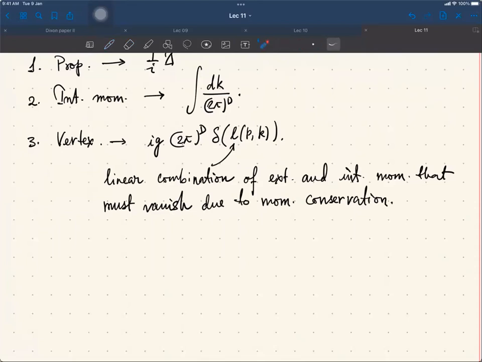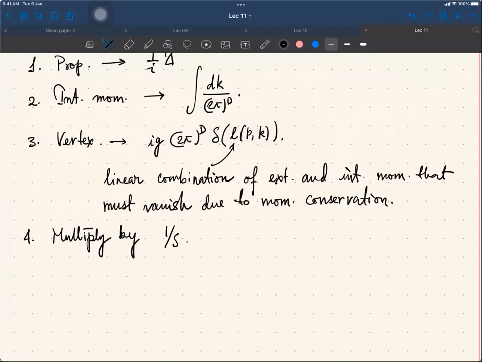So L is that linear function, and P denotes the set of all external momenta, K denotes the set of all internal momenta. That's a notation, okay? And then finally multiply by 1 over s only.